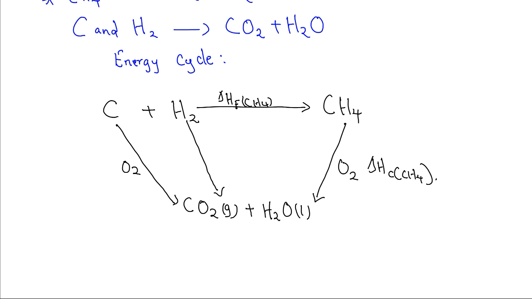Then the middle one, summed up, will give delta H combustion of hydrogen and carbon. Let's call these delta H1, delta H2, and delta H3. Using the vector concept, it is clear that to obtain delta H1, it is simply delta H2 minus delta H3.